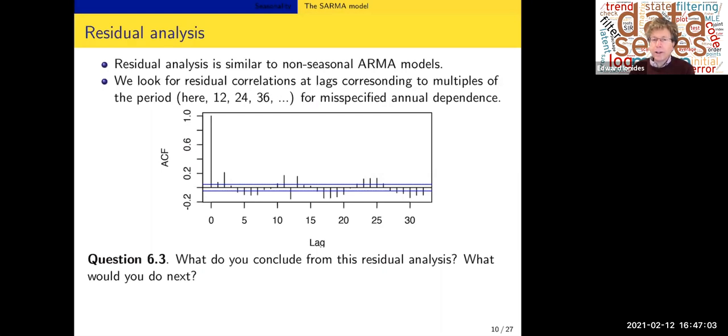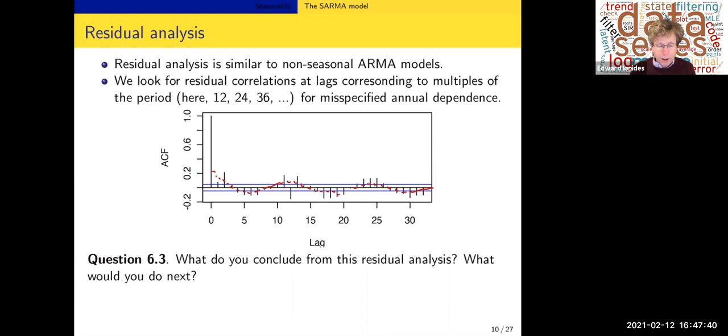So it's a similar issue to non-seasonal ARMA models. You look for correlations, but in the autocovariance plot, you may be particularly interested in correlations at lags corresponding to a multiple of the period if you had misspecified annual dependence. Here, at least what I see is some indication of a decaying oscillation going on down here.